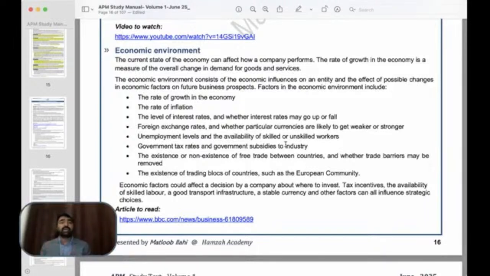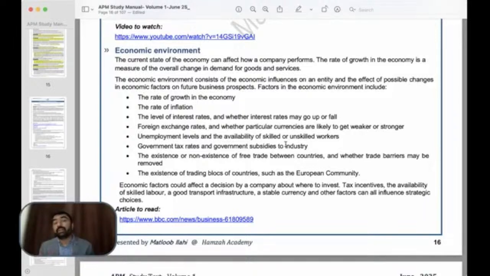It means higher rate of growth. That means there will be a lot of business activity, and that means there will be a lot of opportunities for every industry. When economic activity is increasing, there will be more job opportunities, and when there are more job opportunities, more and more people will have income.